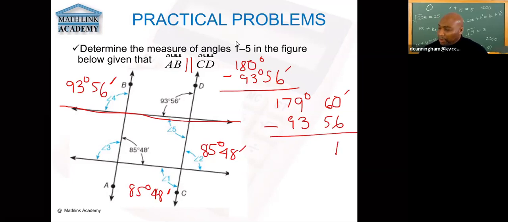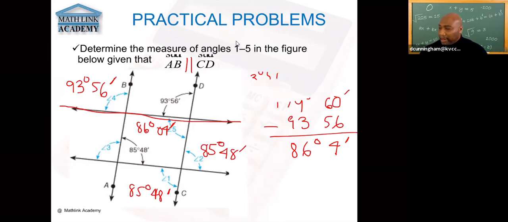This gives me 4, so we have 4 minutes. And then we subtract here. 9 minus 3 is 6, and 7 minus 9 is 8. So in our case, this would be 86 degrees, 4 minutes. And that's how I could find that.